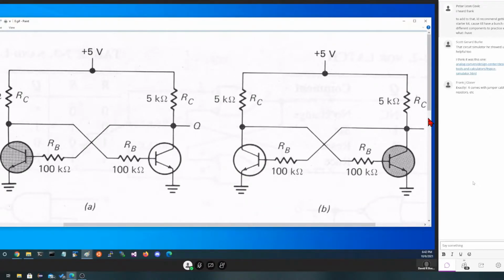Okay. Let's look at the circuit labeled A, the one on the left. Notice that one of the transistors is gray and the other one is white. We won't worry about that for the moment, but we'll look at the rest of the circuit. The real question we have is, and maybe we can use that gray indicator to indicate something, well, actually we will.